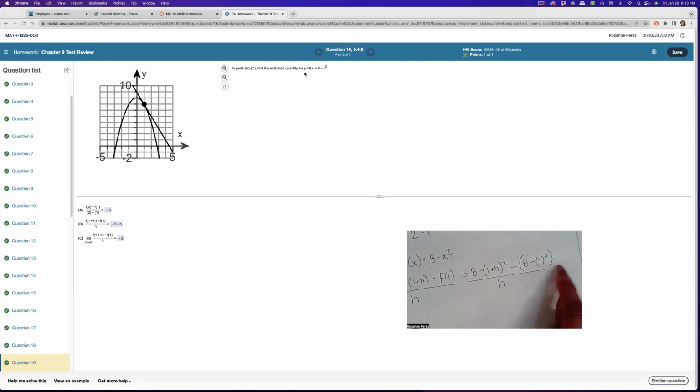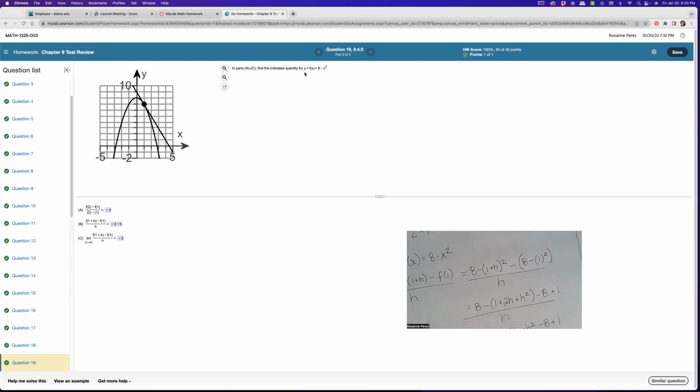So now I'm going to expand all of this, and that's going to give me 8 minus 1 plus 2h plus h squared minus 8 plus 1. Now I need to distribute this negative, and this is still all over h. So 8 minus 1 minus 2h minus h squared minus 8 plus 1 all over h.